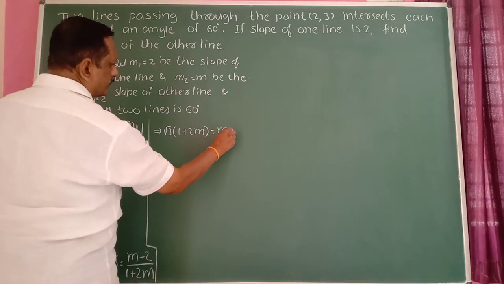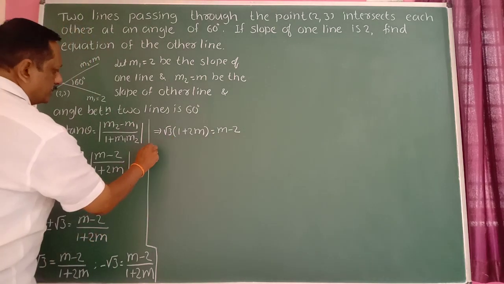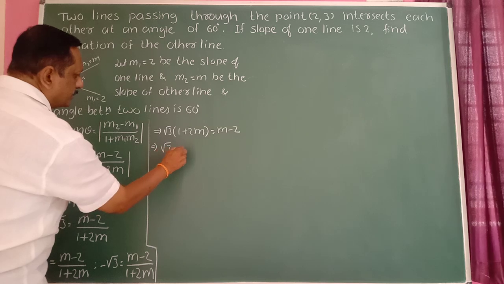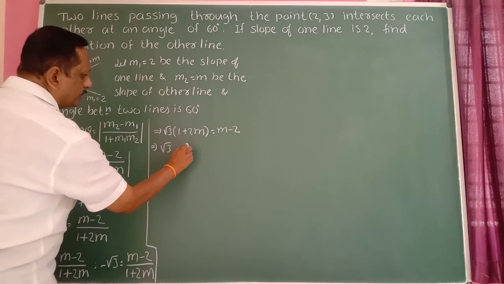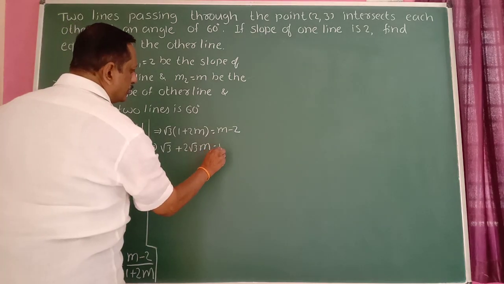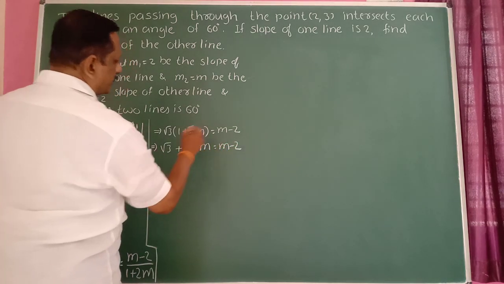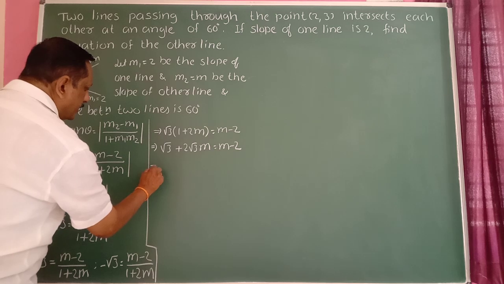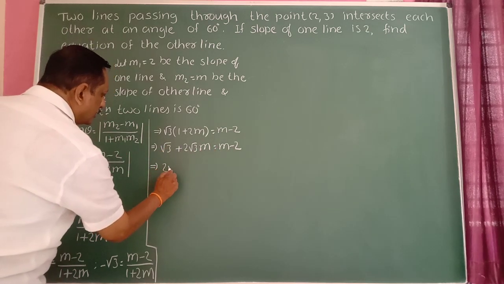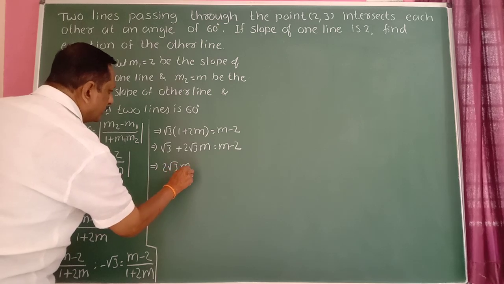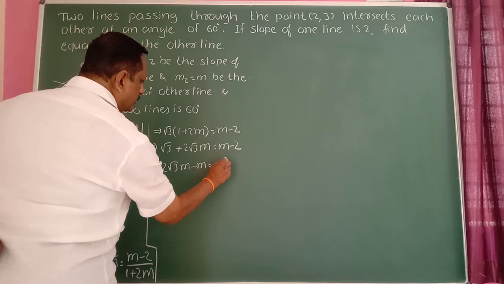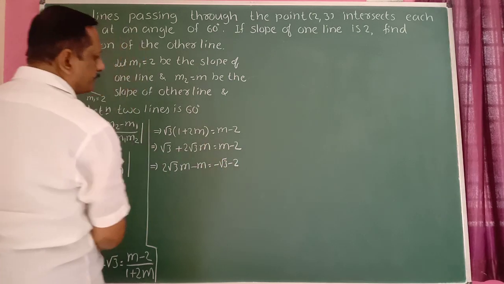Therefore, root 3 into 1 becomes root 3 plus root 3 into 2m, so 2 root 3 m is equal to m minus 2. Therefore, take root 3 to that side and m to this side: 2 root 3 into m minus m is equal to minus root 3 minus 2.